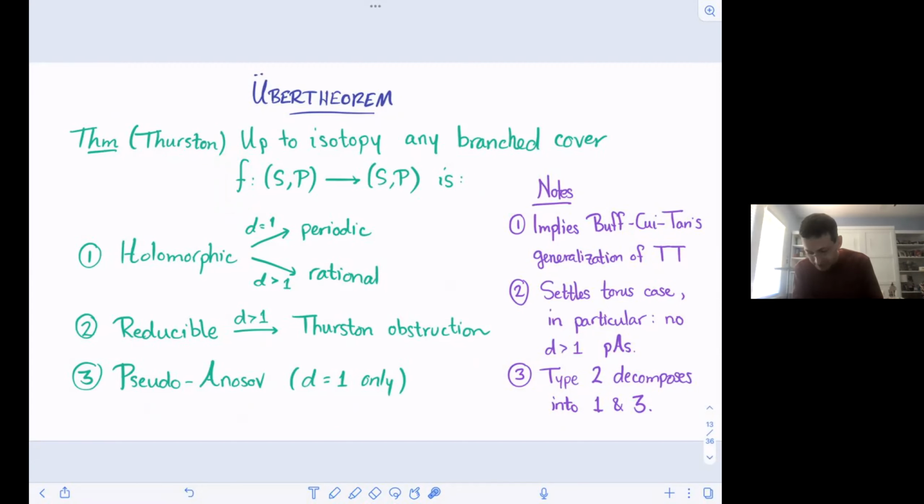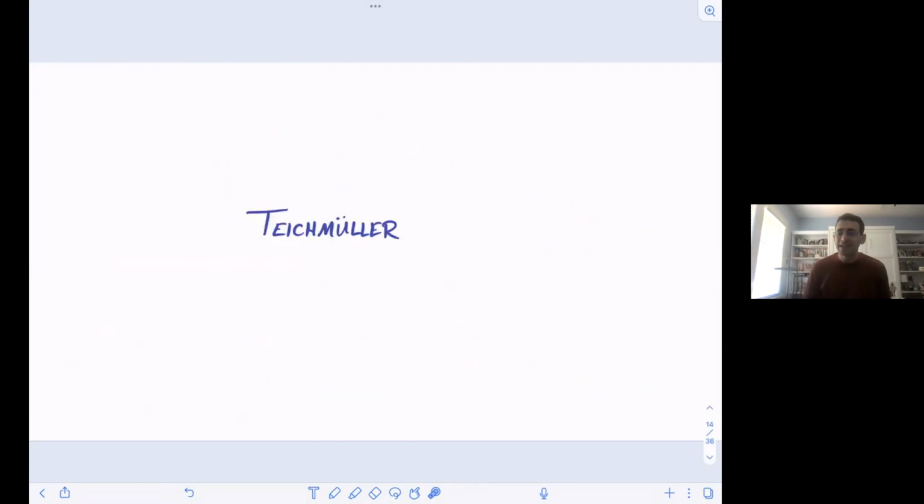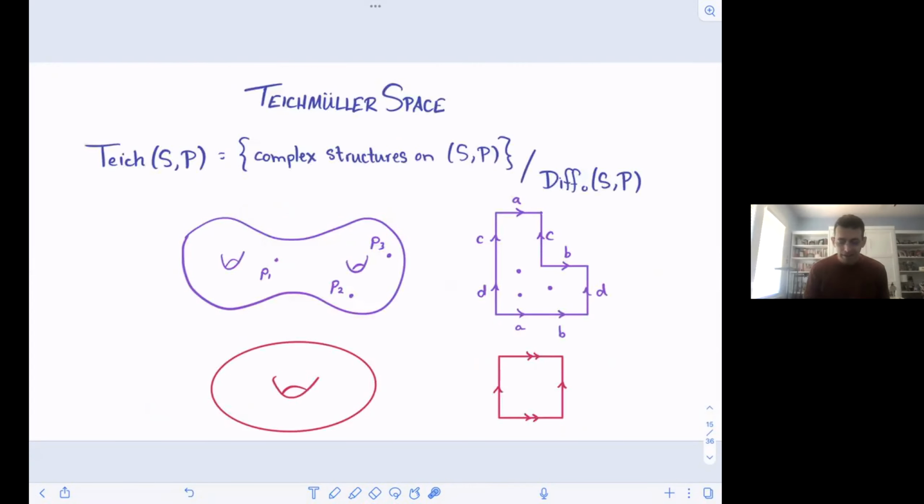Okay, so let's get towards the proof. The main ingredient in the proof is the work of Teichmüller from 1940 or so. Teichmüller theory has a bad reputation of being hard to understand, but I'll try to give a high-level overview that hopefully will make sense.